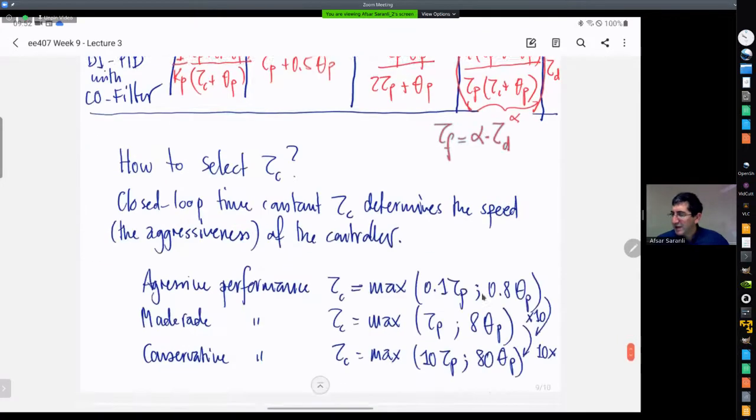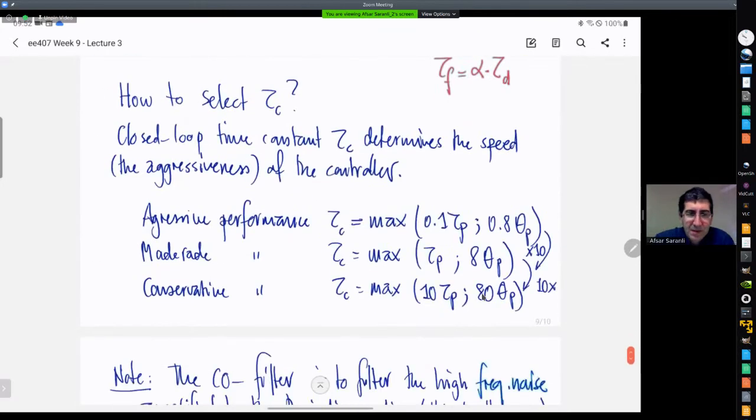Tau c is also a design parameter, and it specifies what your desired response looks like. Tau c is the time constant of an approximately first order response of the controlled closed loop system. You make a choice for tau c, and you use the plant parameters to come up with a controller that will behave in a way that generates this desired time constant.